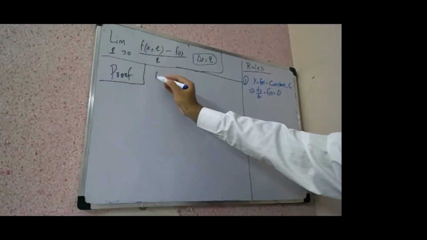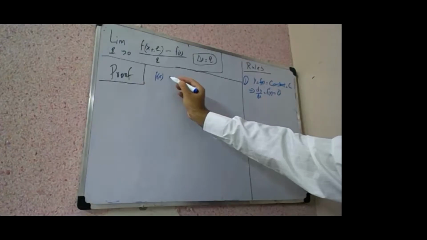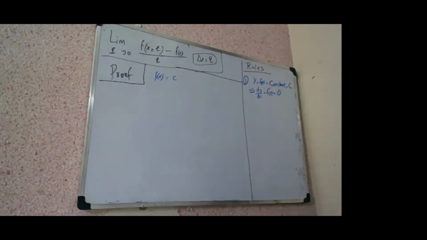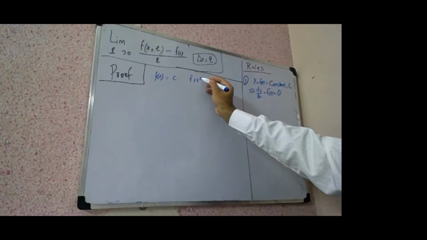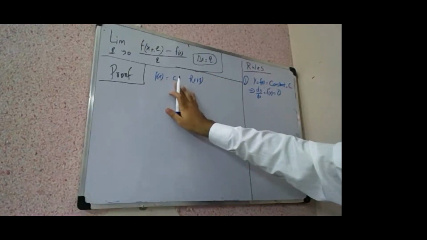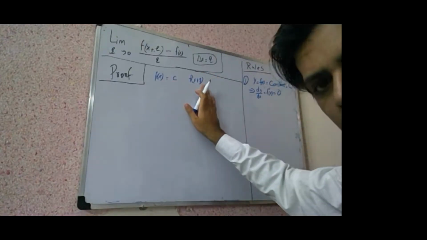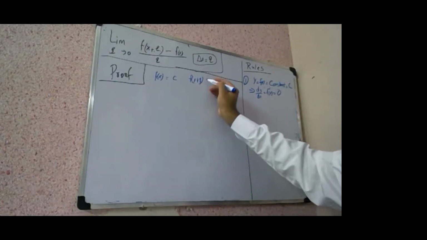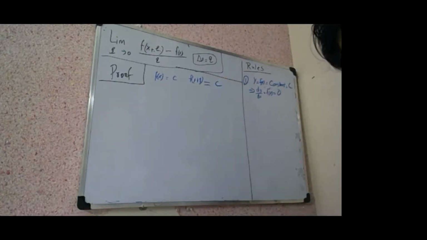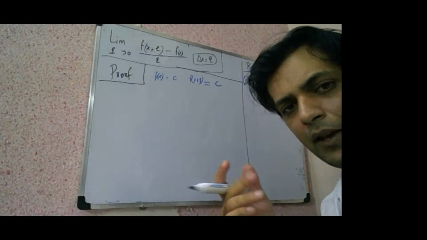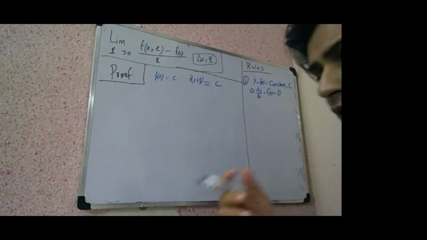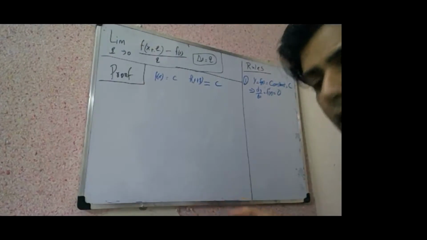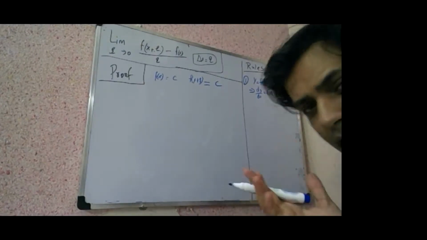So if function of x equals c, then what is function of x plus error? Now x is already constant, so error is also a constant. So this is also a constant. Because x here is constant, so error is constant. So you put constant number into constant number, it gives you constant.